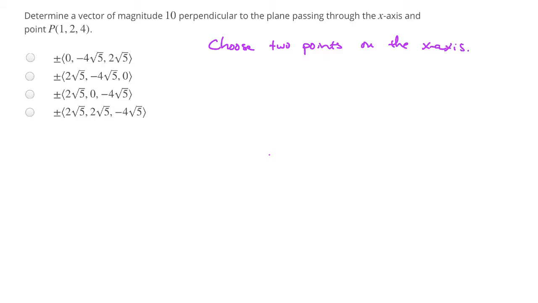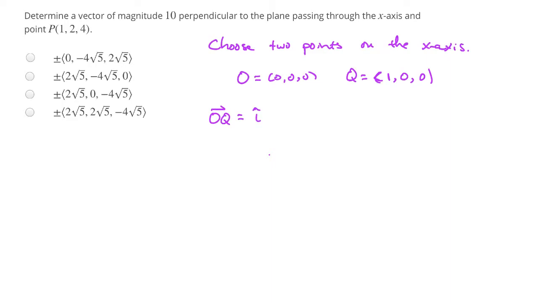Those 2 points could be the origin, (0, 0, 0), and the point Q being (1, 0, 0). And so our vector OQ is just our unit vector i.